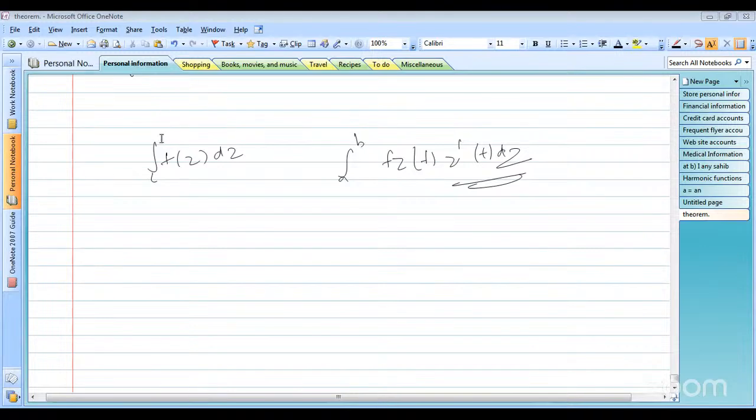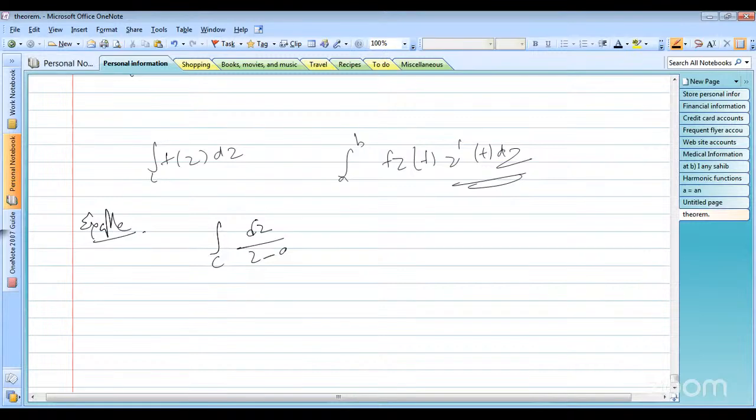Another example problem we have to see. Evaluate the integration of dz by (z minus a) using the definition, where |z minus a| = r.